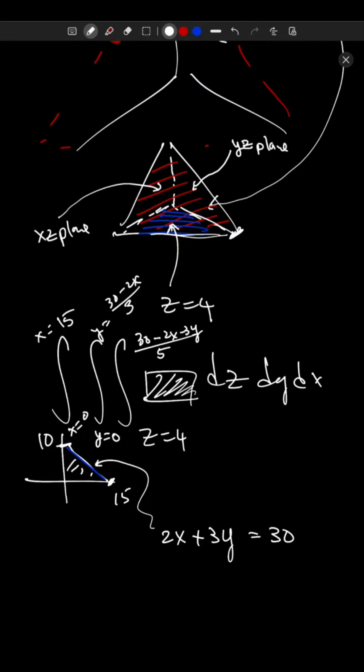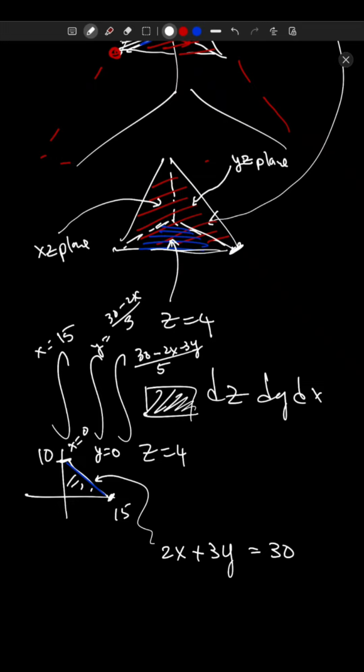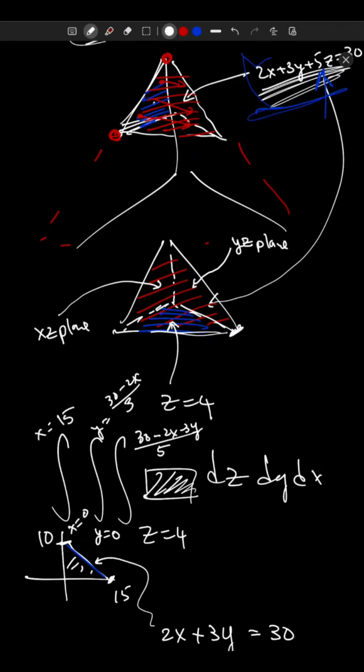So these problems can be quite a bit of work, but it's definitely the way to go to draw the picture. Start from the outside in, draw the shadow. It makes it a lot easier to figure out exactly what your region is once you've figured out what the shadow is.